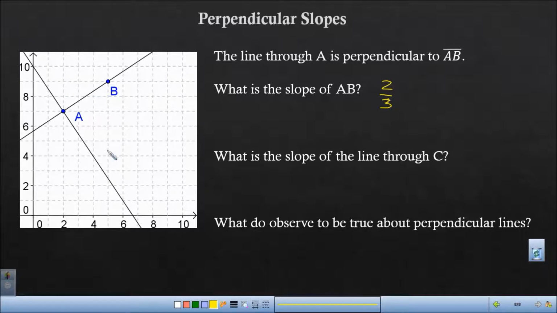The line through A has a slope of down 3, so that's negative 3 units down, and then 2 units over. So that's going to be negative 3/2.